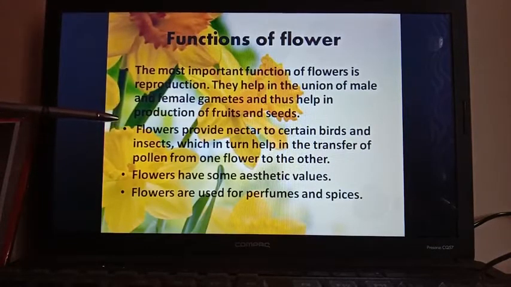Flowers provide nectar to certain birds and insects, which in turn help in the transfer of pollen from one flower to another. Flowers have some aesthetic value also, meaning they are grown for their beautiful colors, shapes and smell. Flowers are also used for perfumes and making spices. So these are the main functions of the flower.